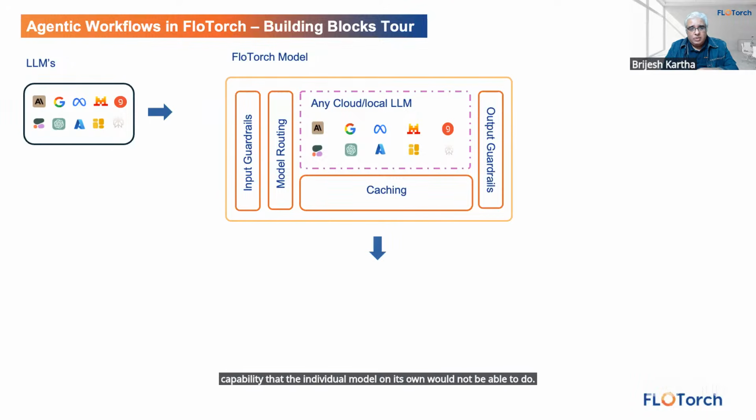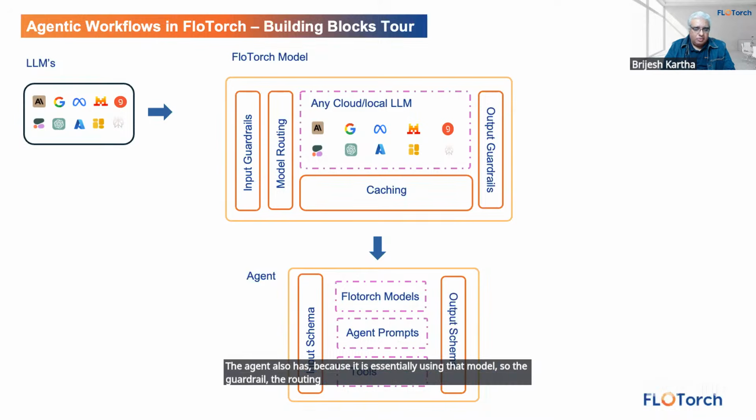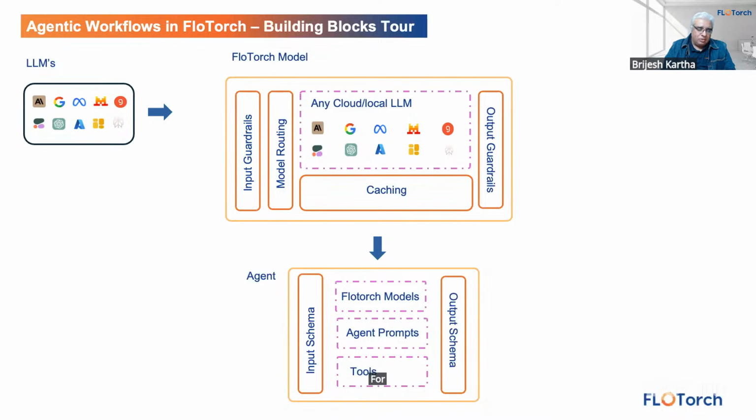Then we see how those FloTorch models can be utilized by agents that we create. So we are creating an agent using a FloTorch model, which means it is now deriving all the advantages that the FloTorch model has. The agent also has them because it is essentially using that model. So the guardrail, the routing, the caching, all of it comes for free by the fact that we are using the FloTorch model.